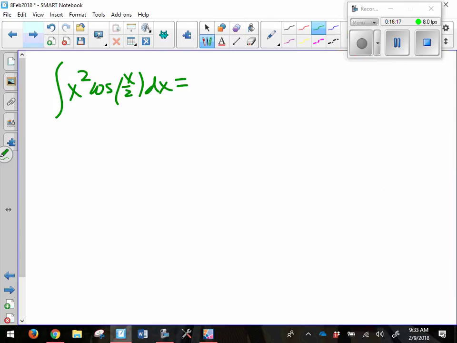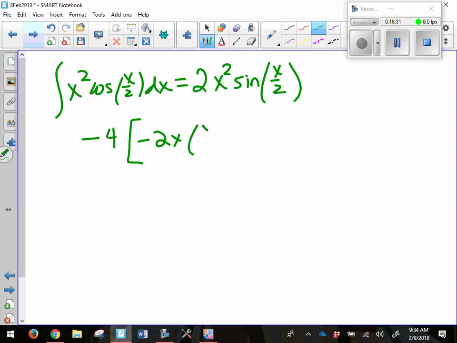So that's going to be minus 4 times, and I believe I have negative 2x times x over 2 plus 4 sine x over 2.